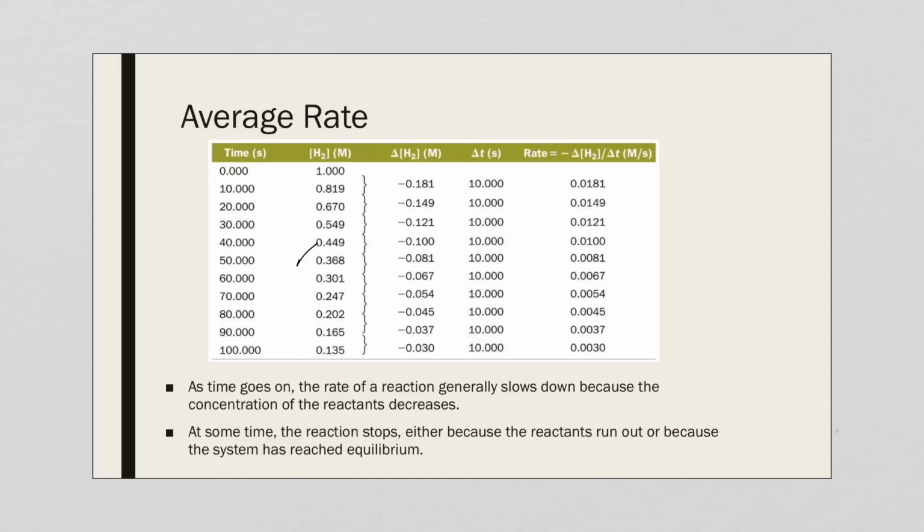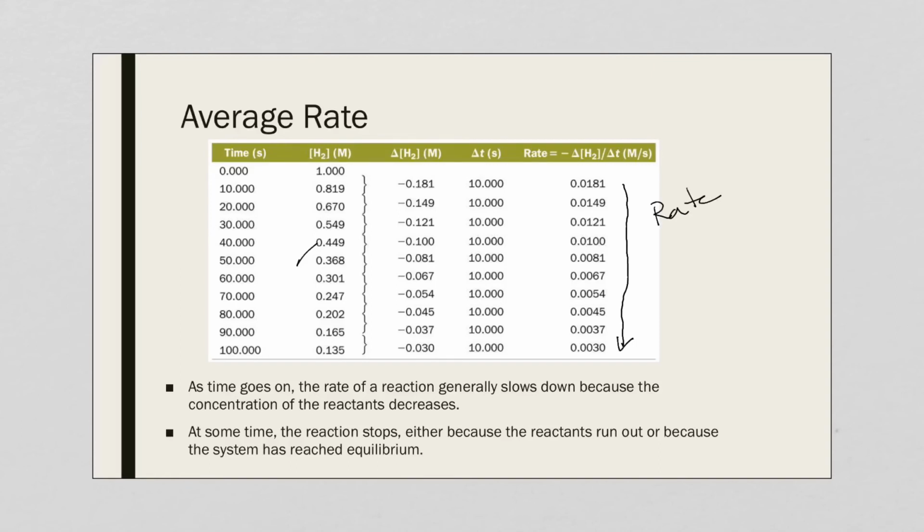So on this graph, they've measured the concentration of the reaction every 10 seconds. So if we take the first 10 seconds, the difference here over 10 seconds, you get a rate of 0.0018. Notice as we go down here, the rate gets slower and slower.